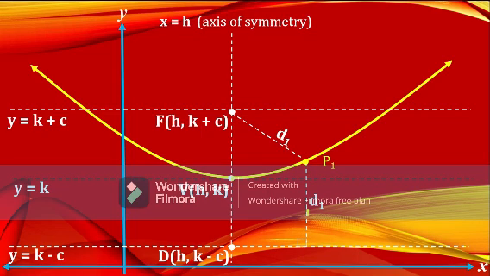So you have this d sub 1. Let's have point 2. From the focus to point 2, we will have d sub 2. Then from the point to the directrix, we have d sub 2. Let's try point 3.